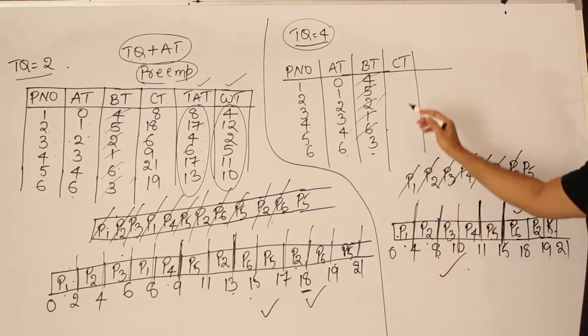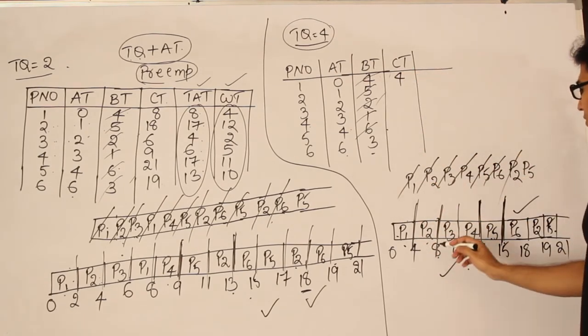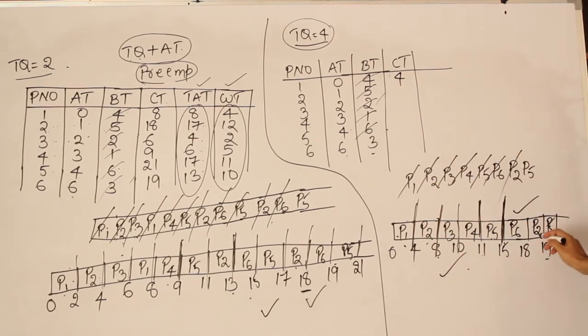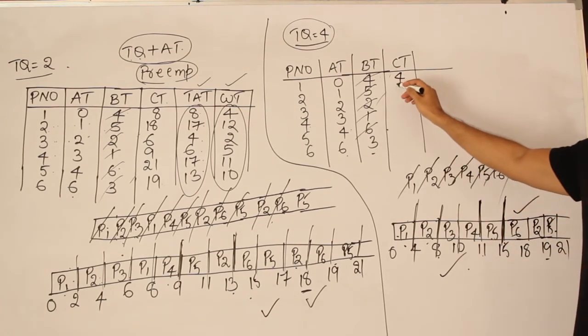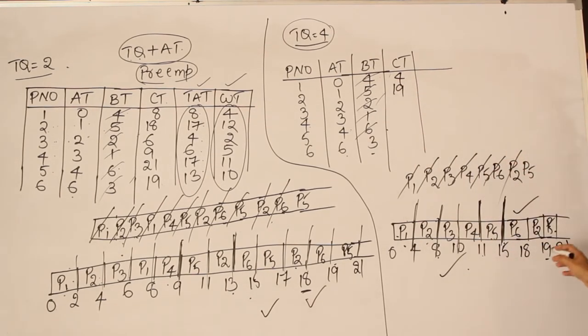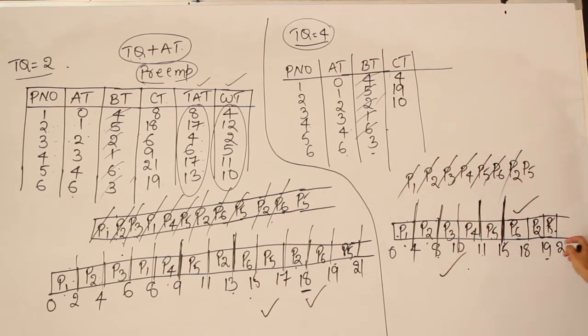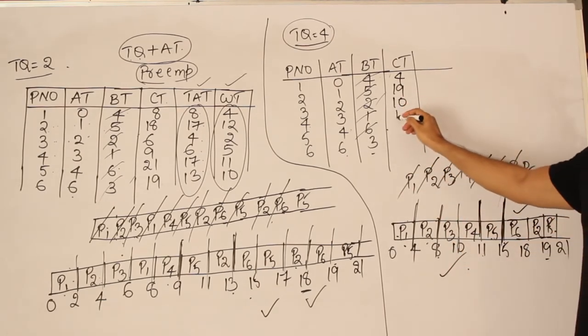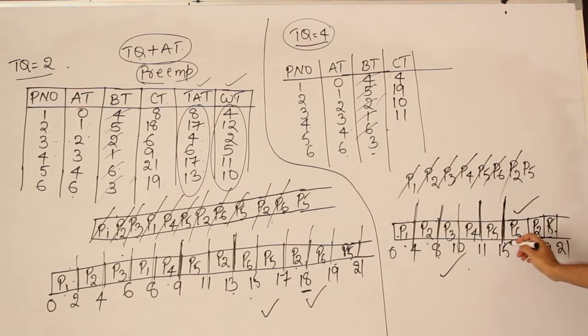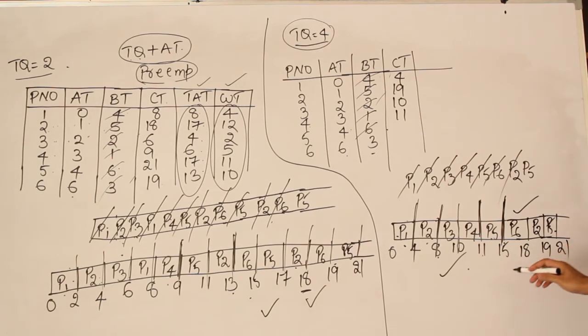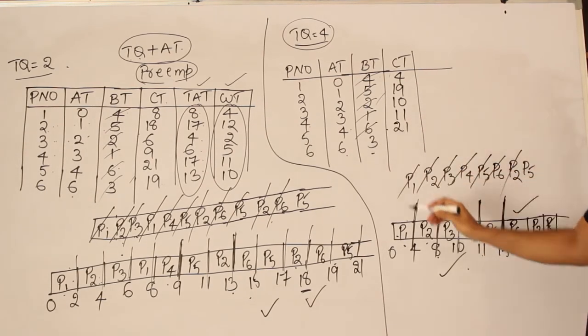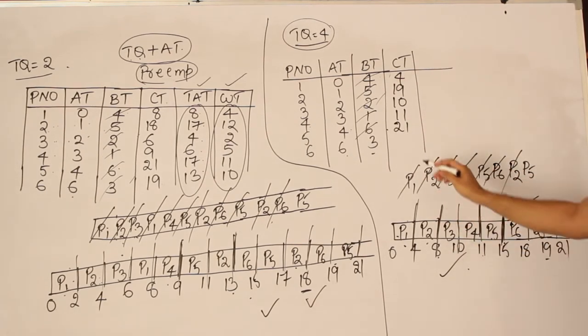Therefore, completion time of P1 is 4 and completion time of P2 is 19. This is the last time it occurred, right? Completion time of P2 is 19 and completion time of P3 is 10. Completion time of P4 is 11 and completion time of P5 is here, right? So 21 and completion time of P6 is here, which is 18.